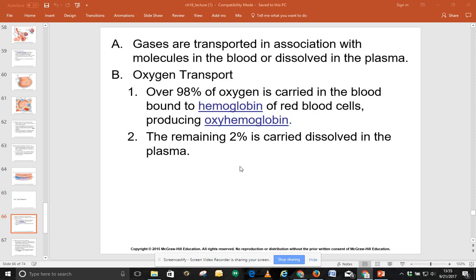Gas transport. Gases are transported in association with molecules in the blood or dissolved in plasma. So gas transport occurs in two different ways. It's either going to be on molecules in the blood, in the hemoglobin in particular, or we're going to have a little bit of the gases dissolved in the plasma.